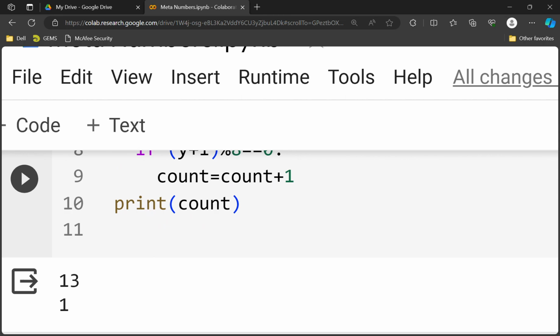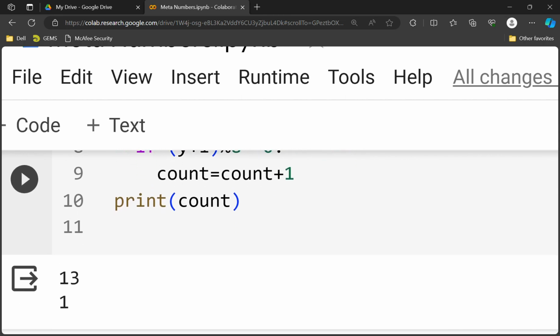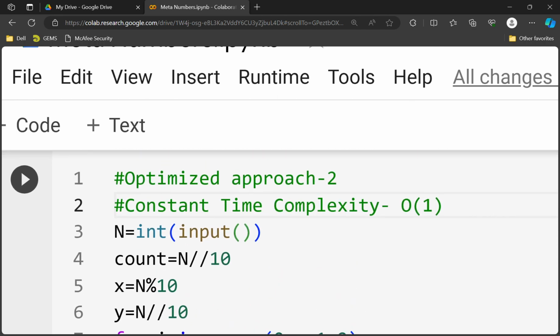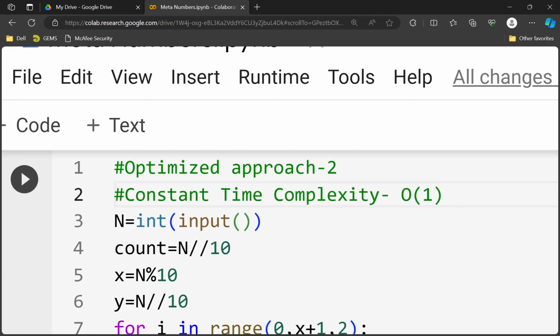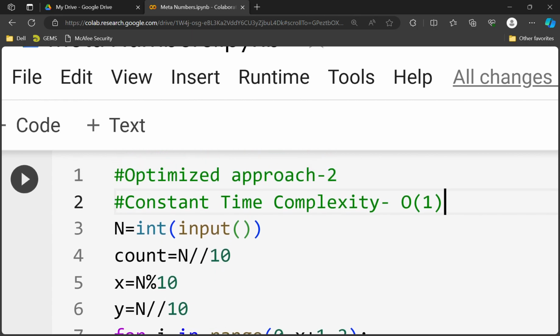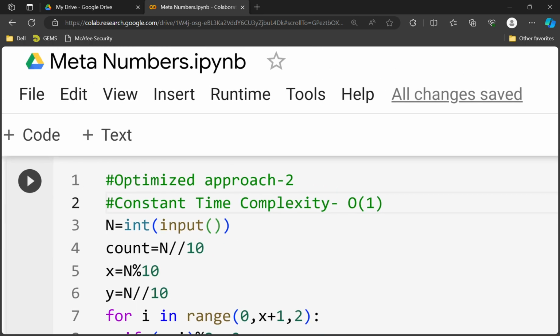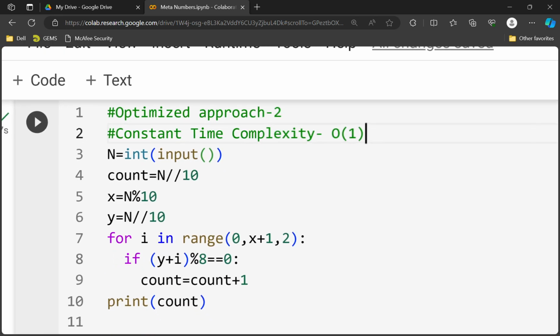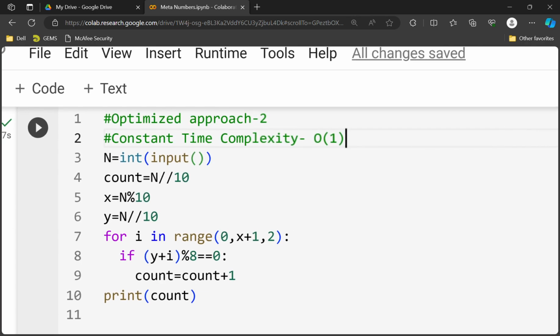Okay. So this is how we have to solve this problem. When there is larger input given, we must focus on optimizing the solution. If you write a solution using the direct approach, some test cases may not be cleared. What are those test cases? These recruitment companies will be designing 1 or 2 test cases to check for the time complexity.